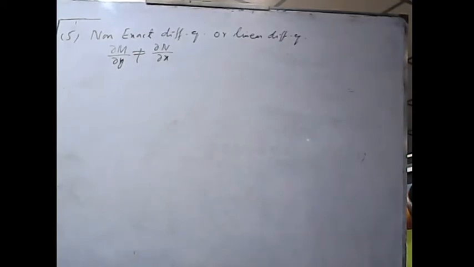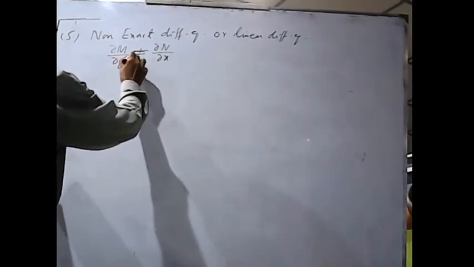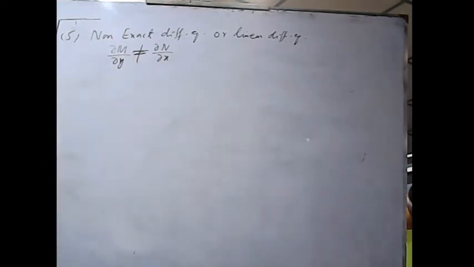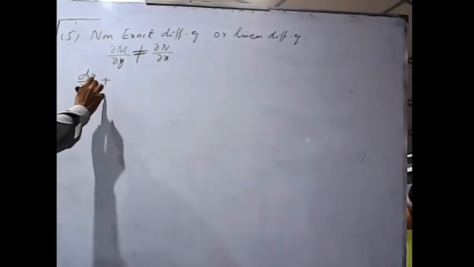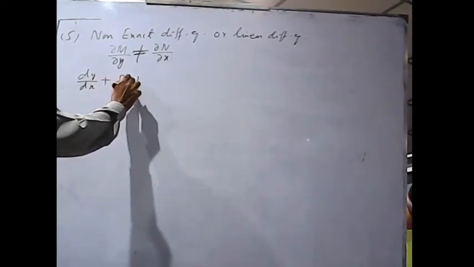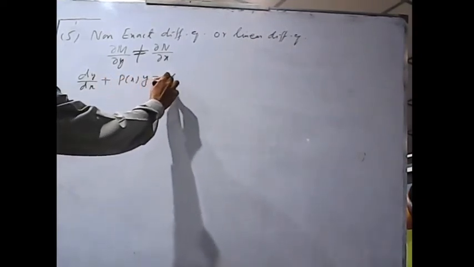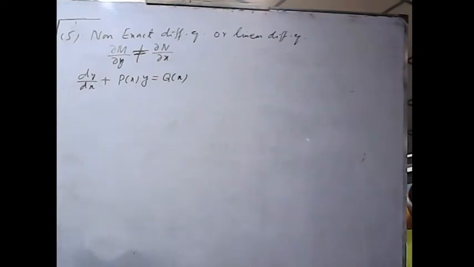If equality holds, then follow the exact method technique, and if the condition is not satisfied, then we follow the linear differential equation. After the failure of the partial derivative condition, the general form of linear is dy by dx plus p of x times y is equal to q of x.